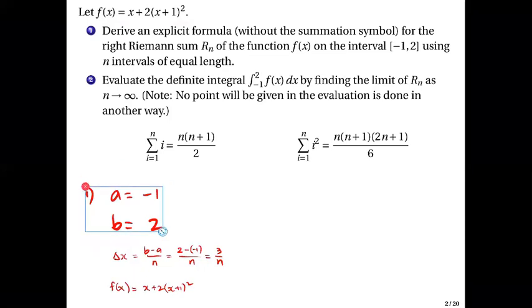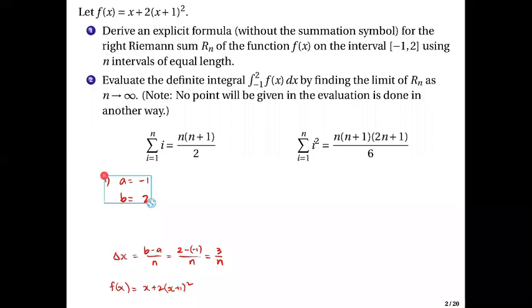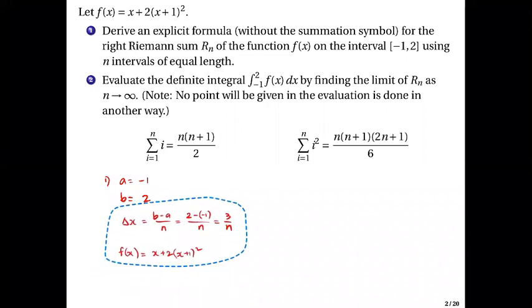We need our x sub i star. So x sub i star, this is the right endpoint. It says we want to find R sub n, and we use this notation to mean that we want the right endpoint.